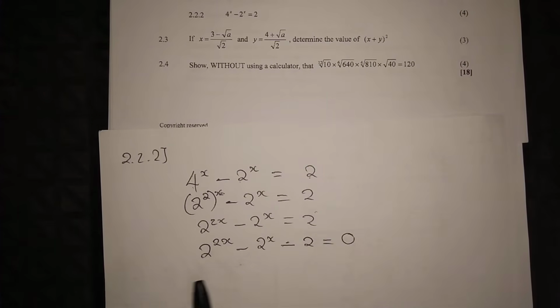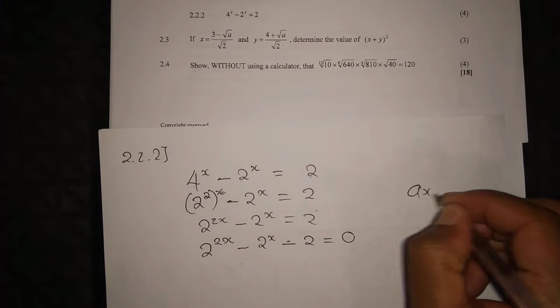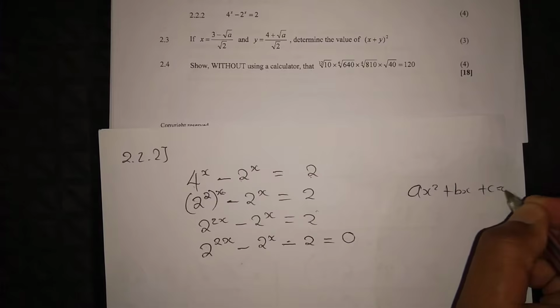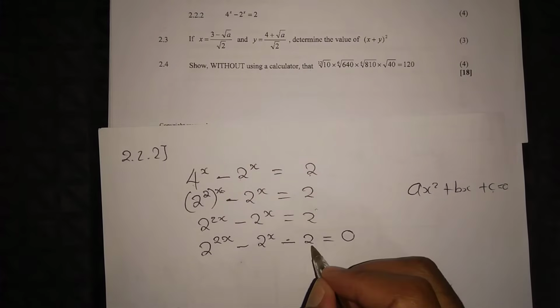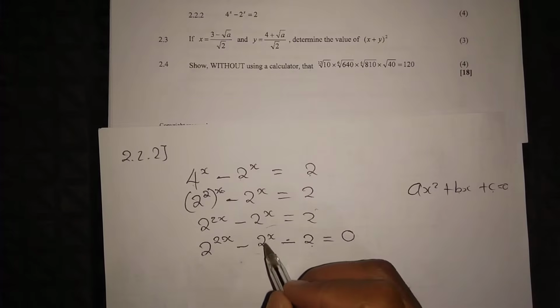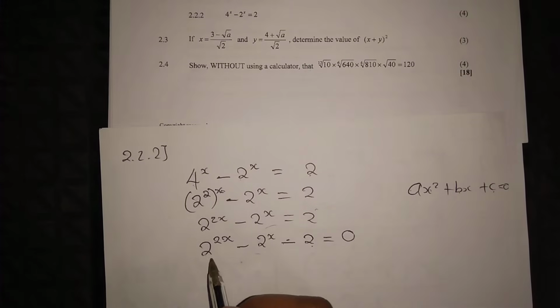So basically here we have a quadratic equation in disguise. Also check, ax squared plus bx plus c is equal to 0, where c is a constant. Here bx is this 2 exponent x, and ax squared is this thing.